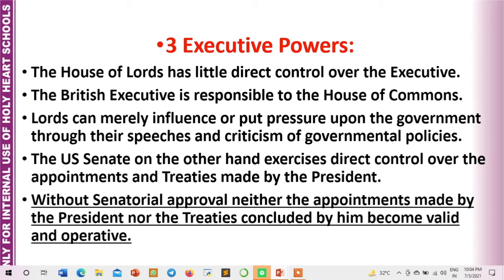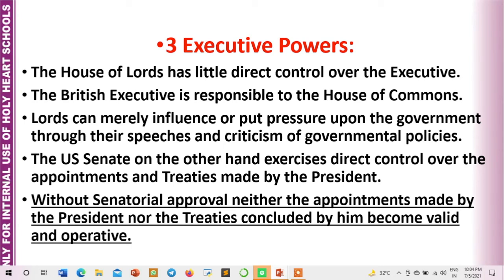So you see, in both the conditions, here we are talking about the control over the executive. Now, the UK House of Lords has no power to control the executive. Means there is no question hour or zero hour. Means they cannot remove the ministers from their seat.